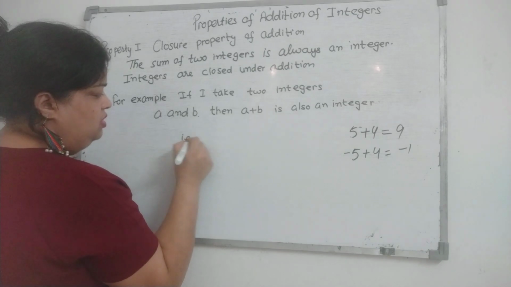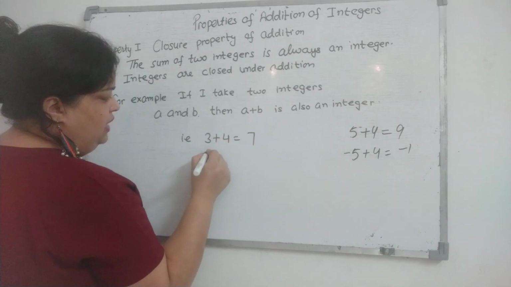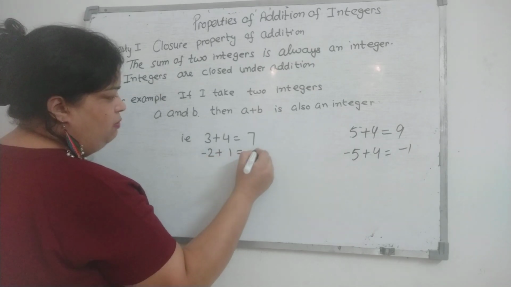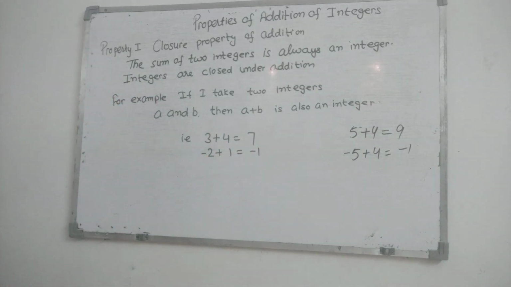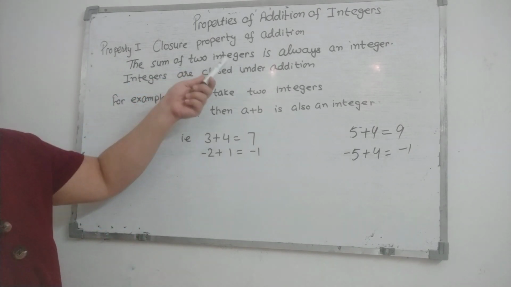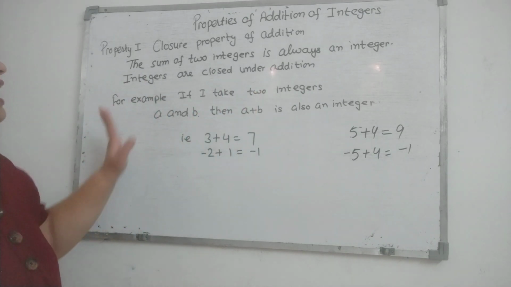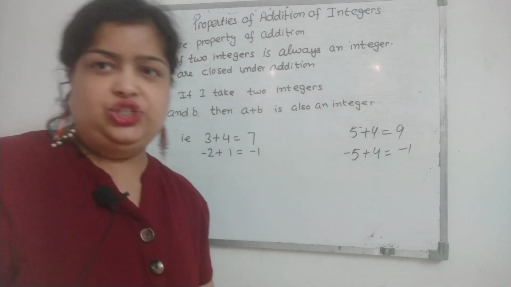That is, 3 plus 4 is equal to 7, minus 2 plus 1 is equal to -1. I hope it's clear to you what the closure property says. The sum of two integers is always an integer. Integers are closed under addition.